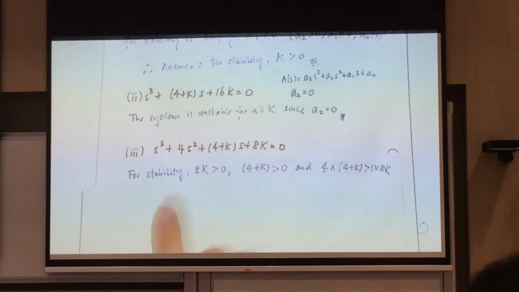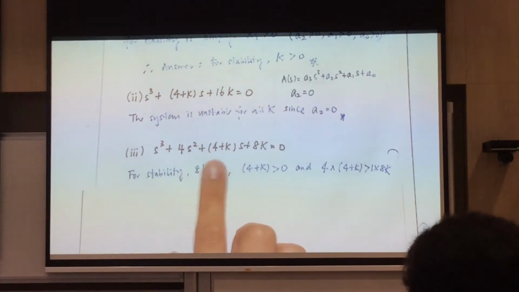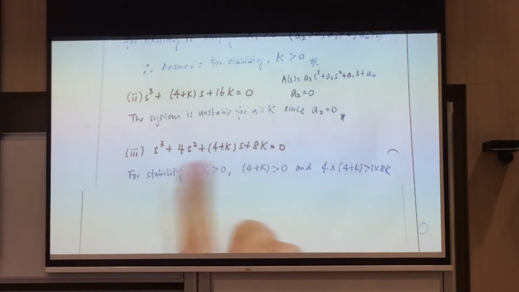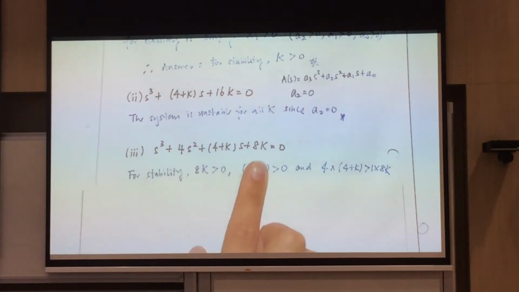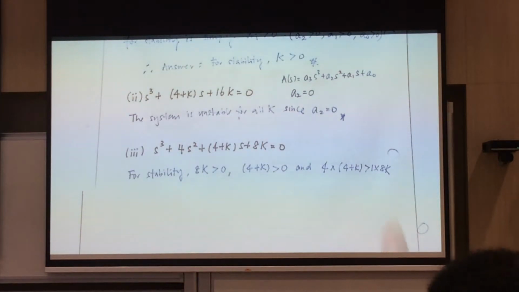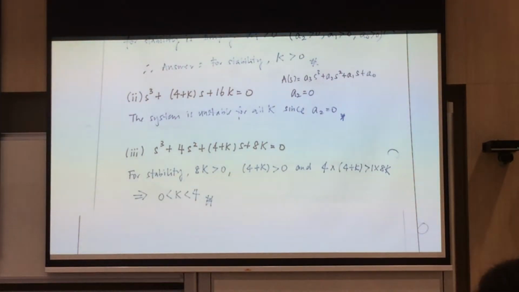Say again: the inner product, 4 times (4 plus K), must be greater than the outer product, 1 times 8K. Got this? Okay, simplify. I hope you can simplify this. You end up with K from 0 to 16.